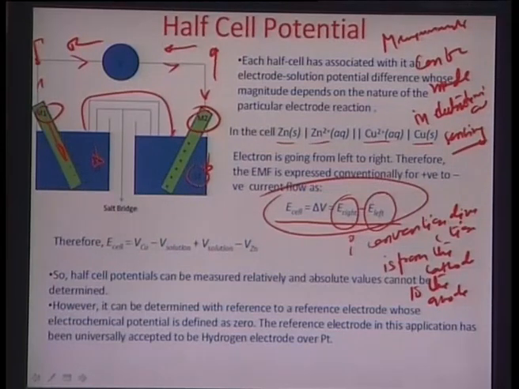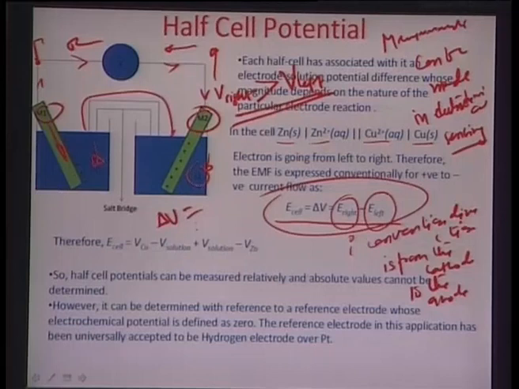So, if the current is going in this direction, we can safely assume that the potential V right is higher than the potential on the left side, and the delta V which is responsible for movement of these electrons is essentially V right minus V left, as you can see here.